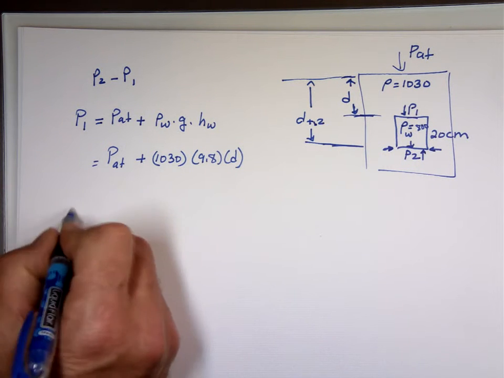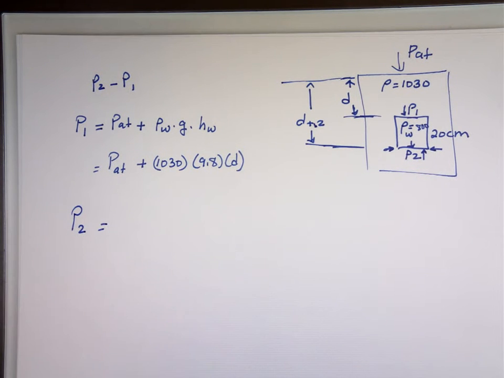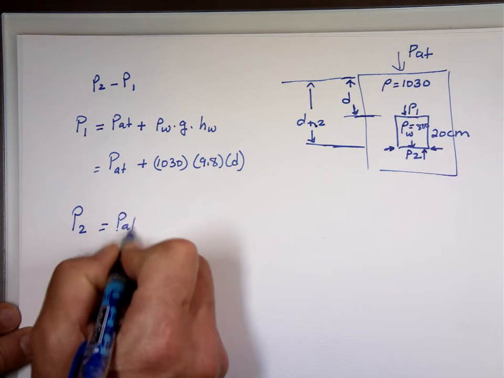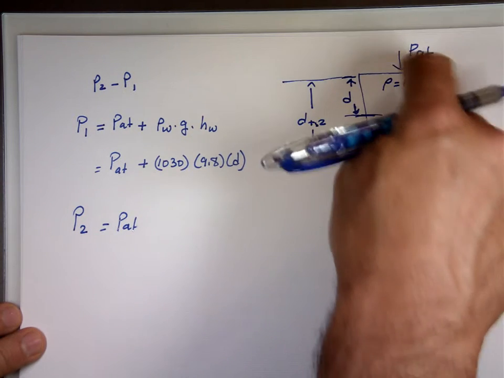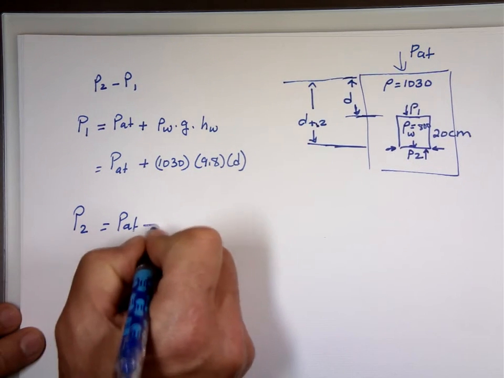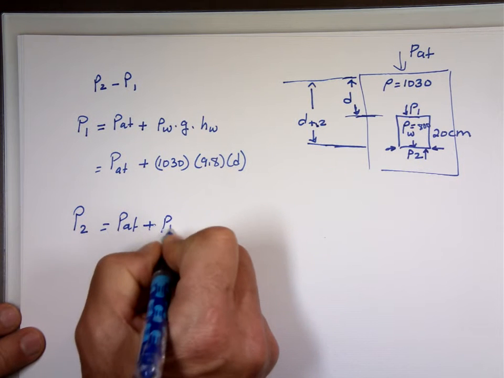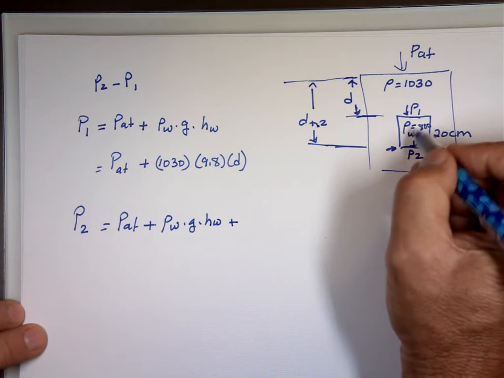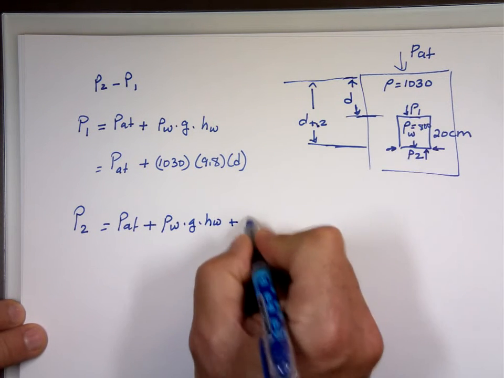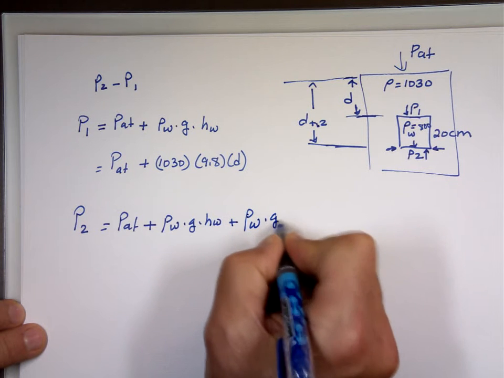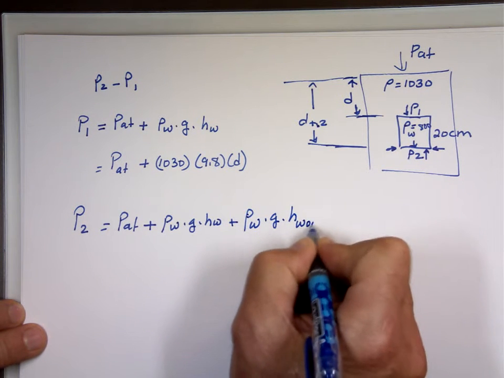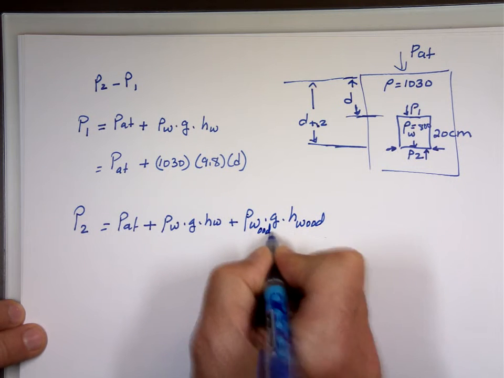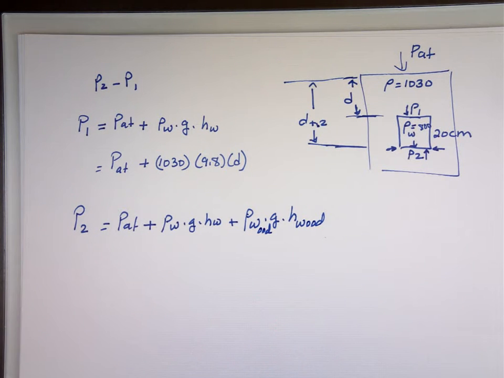What's the pressure at point 2? Same thing. At point 2 it is going to be P atmosphere, the air pushing down, and this water pushing down on point 2. And don't forget to add the wood itself here. The wood has some weight. Because I forgot I used W for water, this is wood, the block itself.